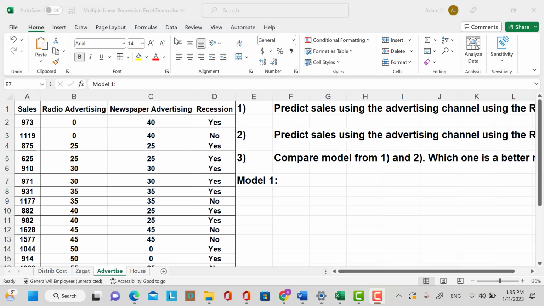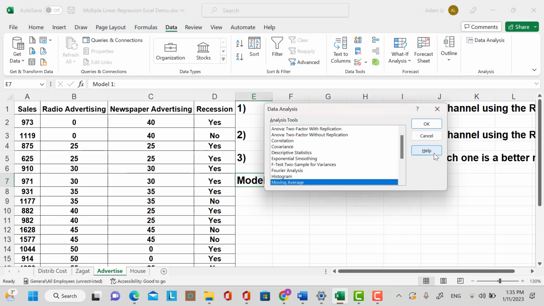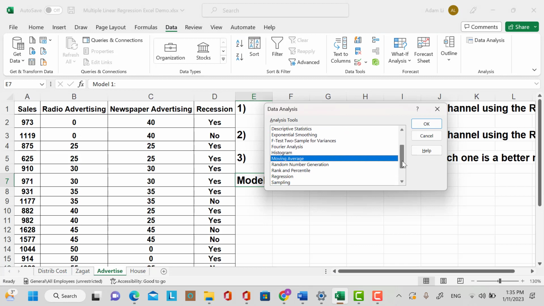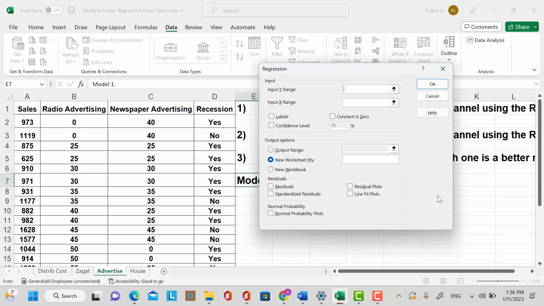First we go to Data, and then you're going to see Data Analysis on the side. Now go to Regression; scroll down and see Regression here. All the tests we're going to do are under the analysis tools. Click on OK.